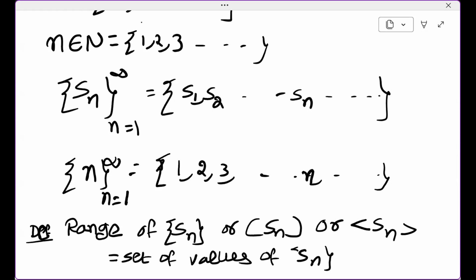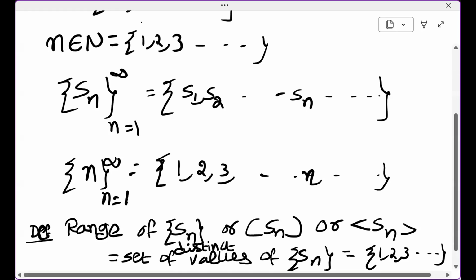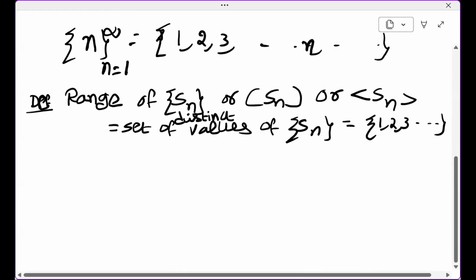See, all the different values that are there in the sequence constitute what is called the range. The range is nothing but the set of all distinct values which are there in the sequence. For example, here, what are the distinct values? You can see 1, 2, 3, and so on.